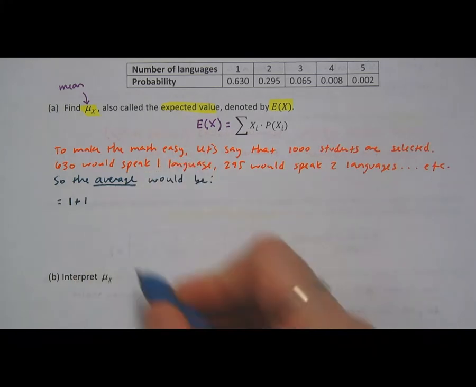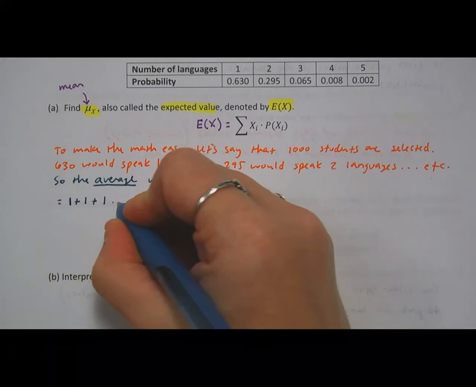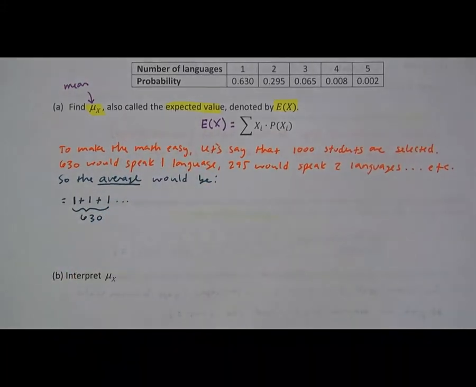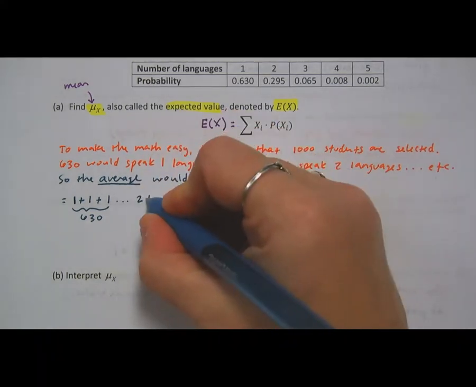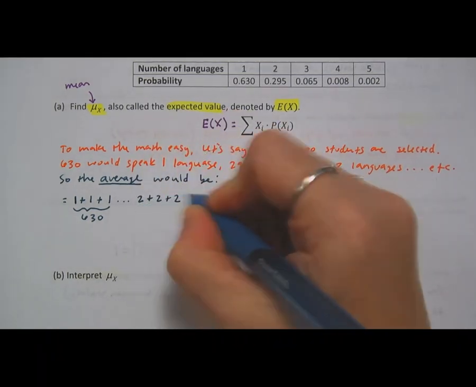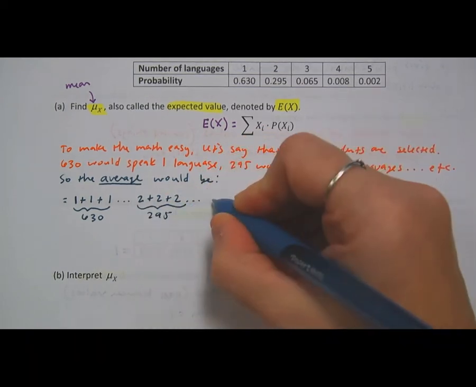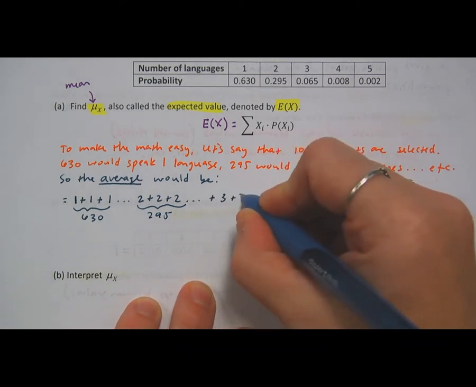And then there's another student who speaks one language, and another. There are 630 of those. And then I get to the students that speak 2 languages. There are 295 of those. And then I get to the students that speak 3 languages.